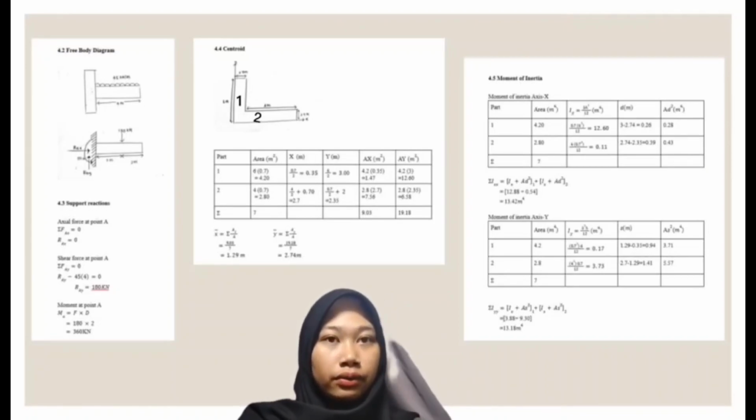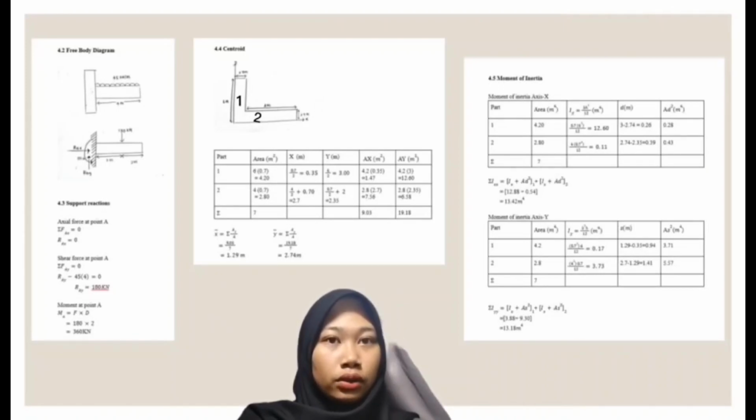For centroid, first we need to calculate the area for column 1 and for the x-axis divided by 2, and also for the y-axis, then A times x and A times y. For column 2, we repeat the process, but for the x-axis we need to add 0.7 and for the y-axis we need to add 2.